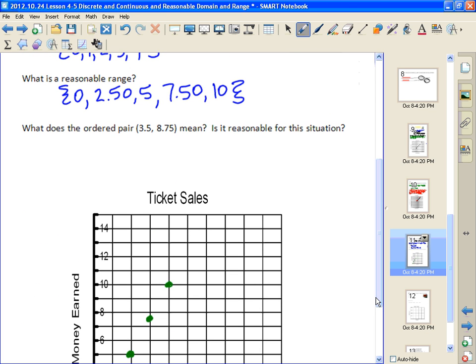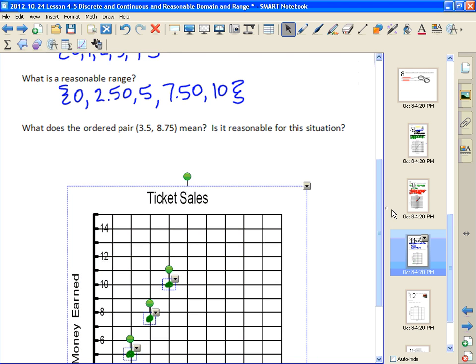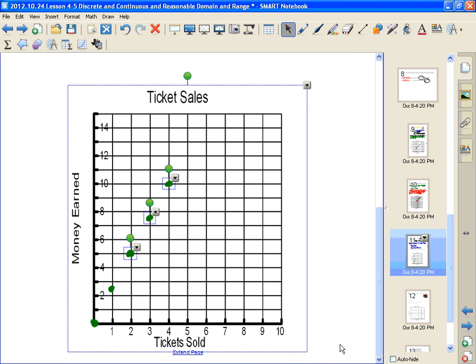So then the question says, what does the ordered pair 3.5, 8.75 mean?